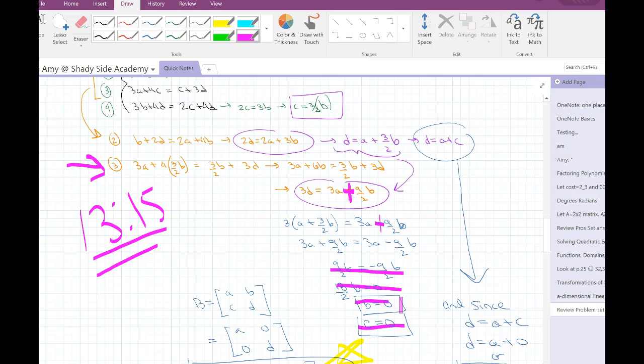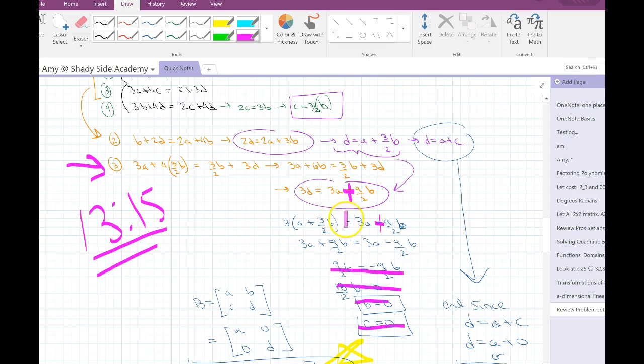So what we get here is 3a plus 9 halves b, right? Actually, I'm going to even take this. See how I put D in there? I put D in there from equation 1, which I could have done, that's fine.